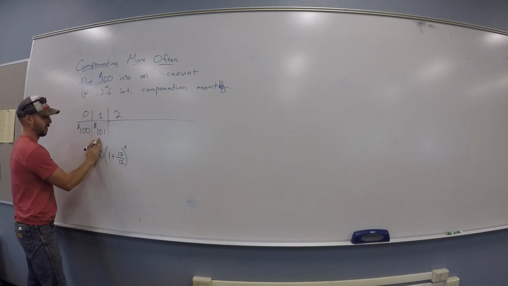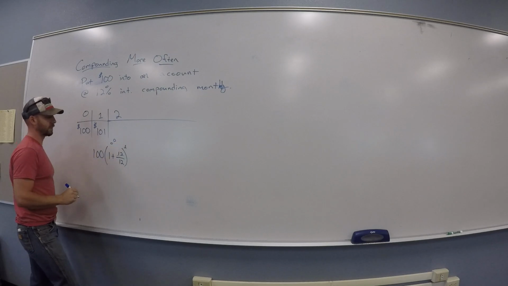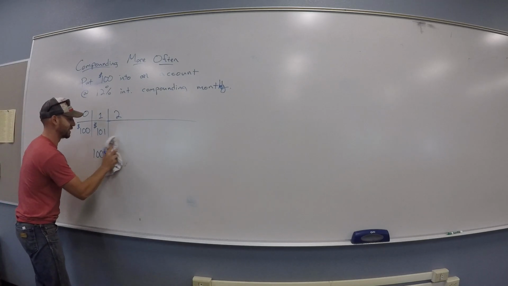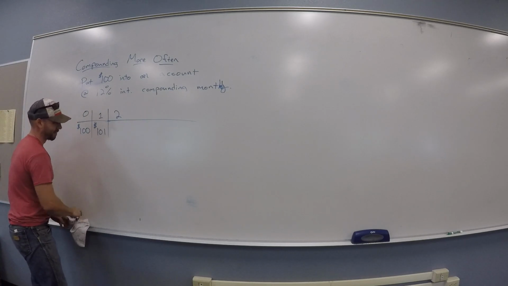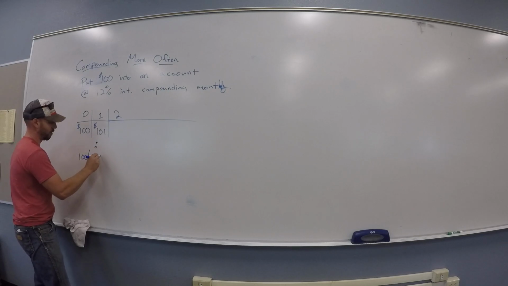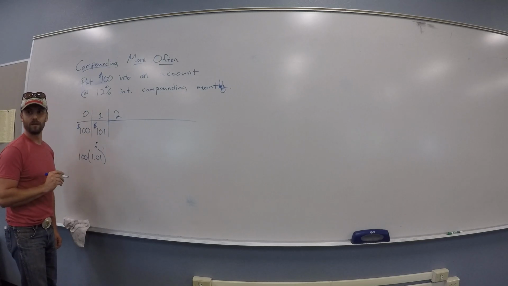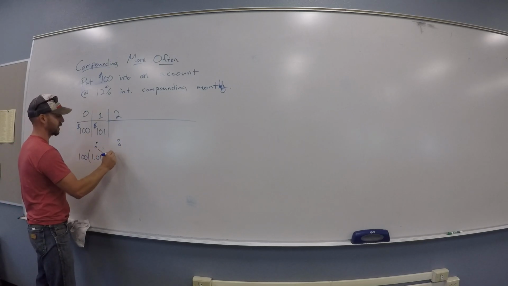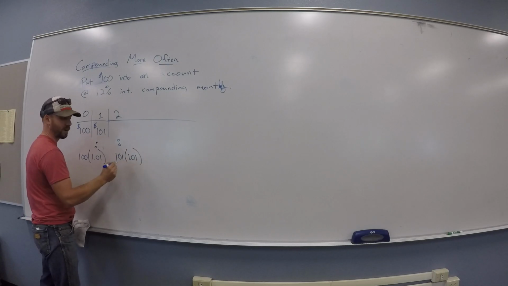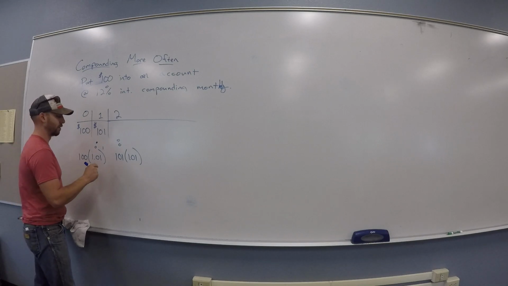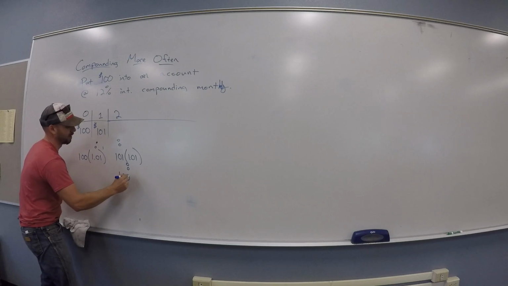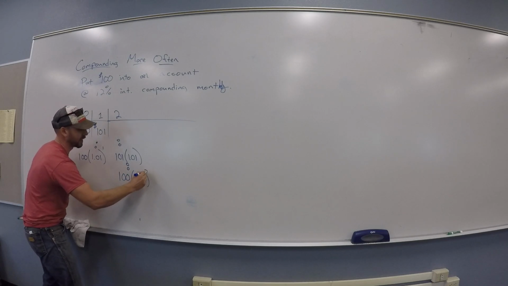Maybe I should set my thinking over here. This guy was 100 times 1.01 to the 1, that's 101. So this is 101 times 1.01, which is 100 times 1.01 to the second power.